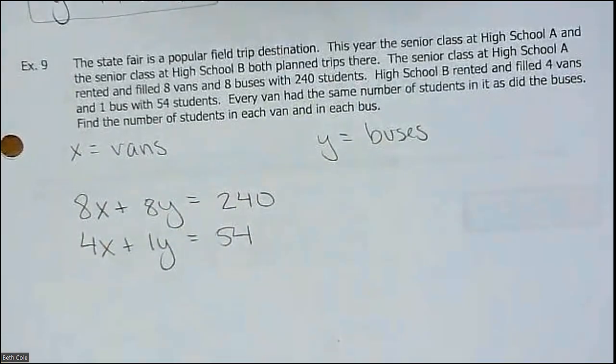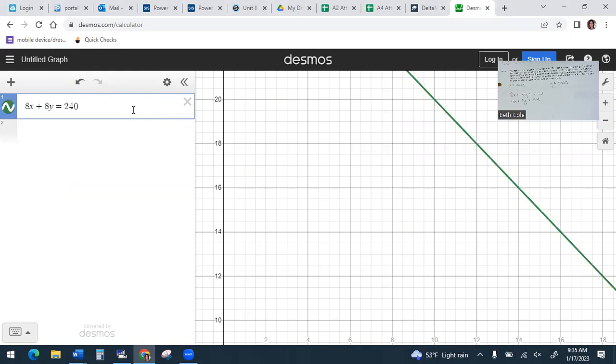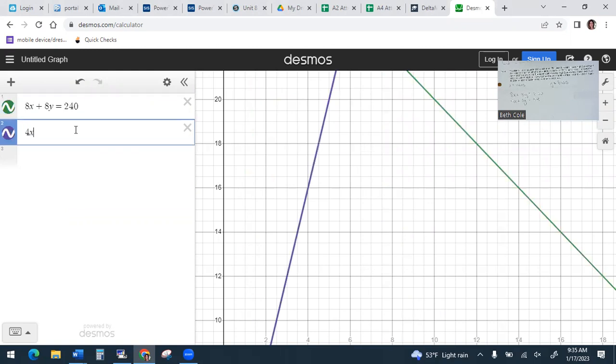And then let me go over to the calculator and I will type them in. Just watch. What is it? 8x plus 8y equals 240. And then the other one is 4x plus 1y equals 54.